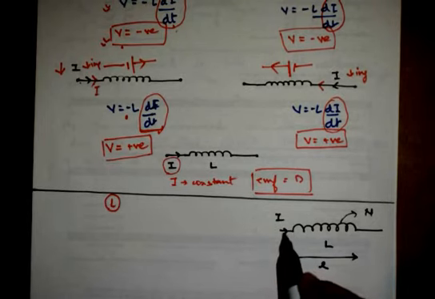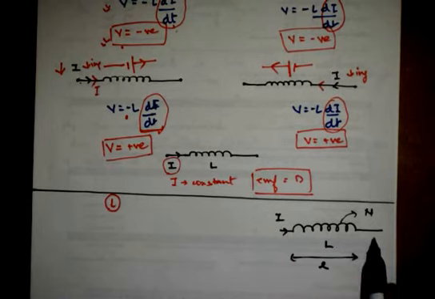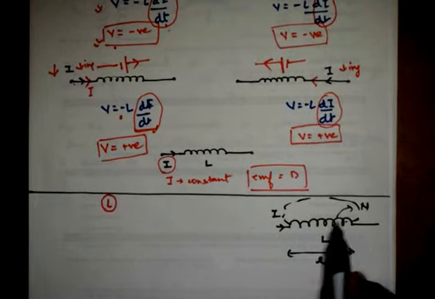Alright, so whenever the varying current is flowing through this coil, it will create a magnetic field all around it.